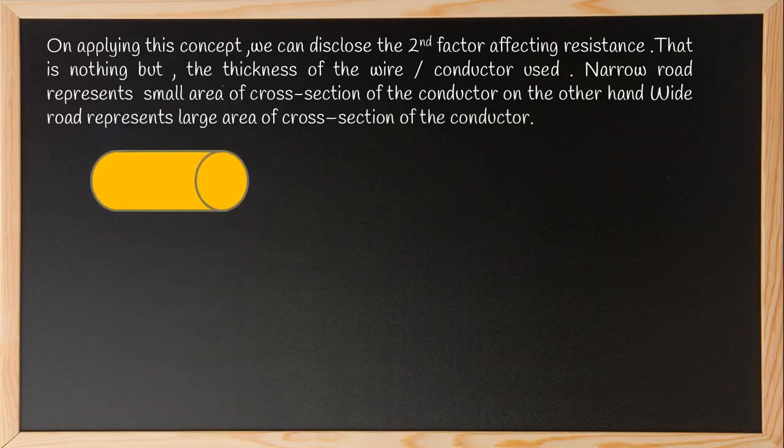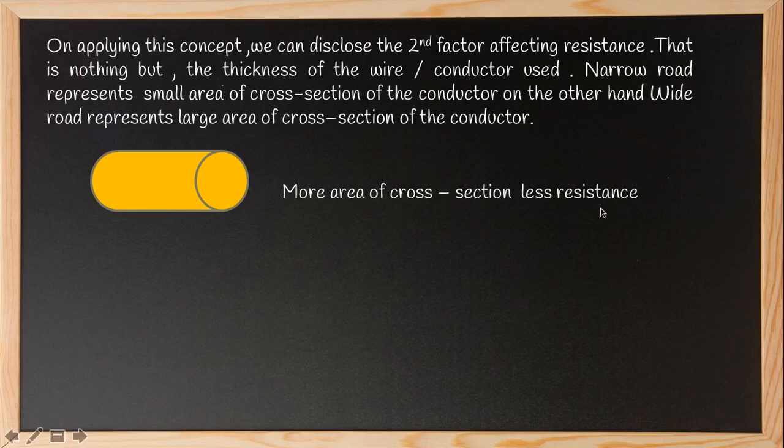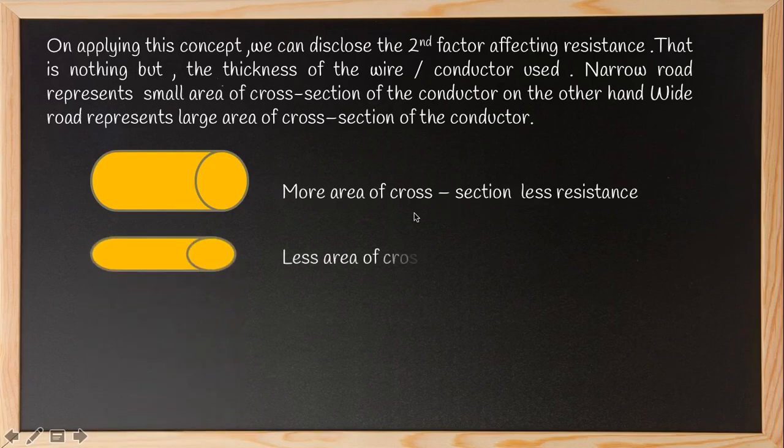So this is more area of cross section, that is less resistance. That means if there is more area, if it's a wide road, there will be less traffic, that means less resistance. On the other hand, if you take a conductor which has less area of cross section, then it will have more resistance. Since the area is less, there will be more traffic, that means more resistance. So just relate it to the traffic and the road, then it will be easy.